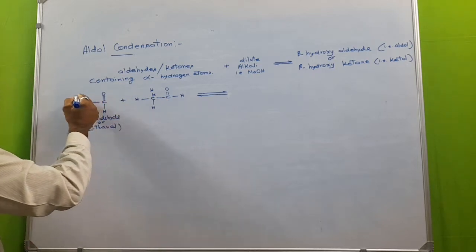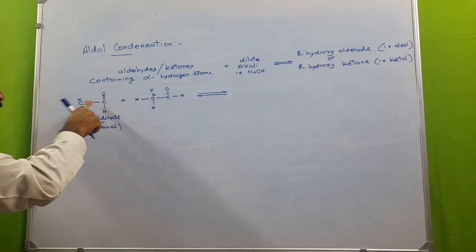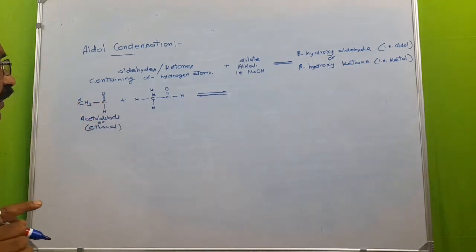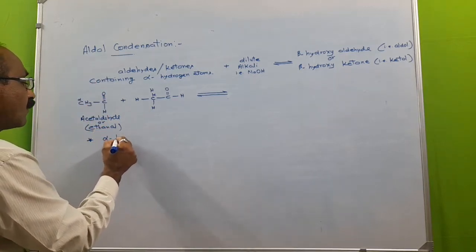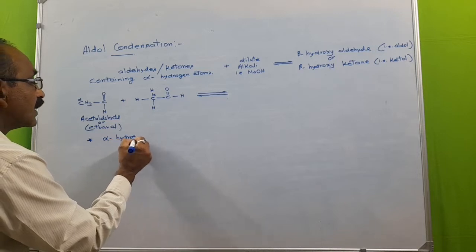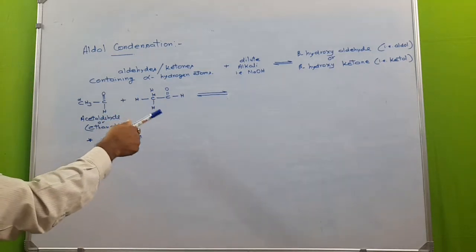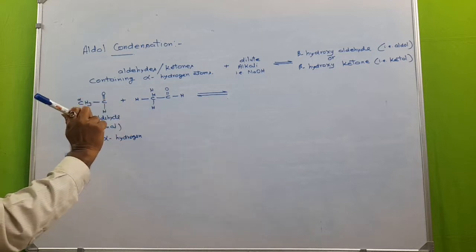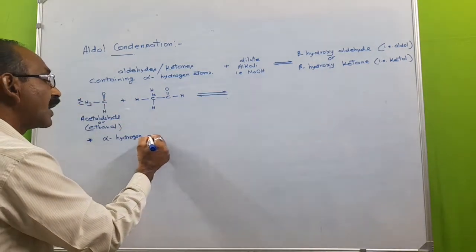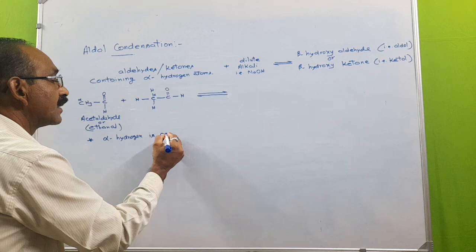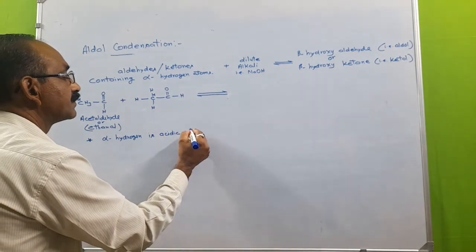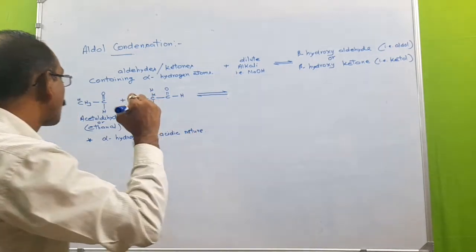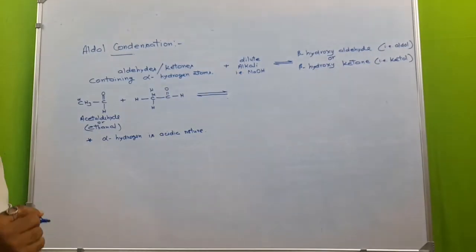And this alpha hydrogen is the hydrogen which remains linked to the alpha carbon. And remember, alpha hydrogen is acidic in nature.